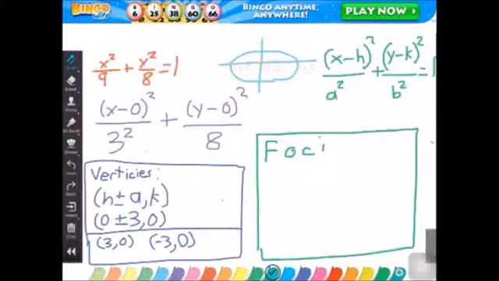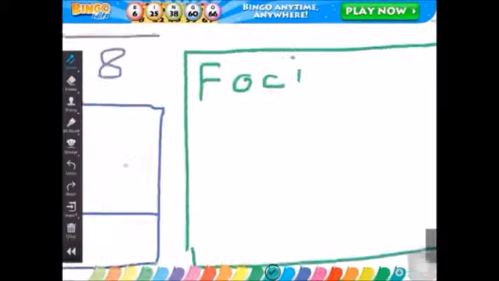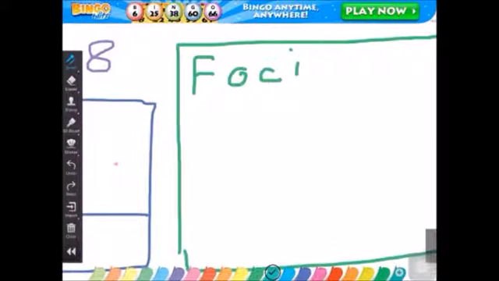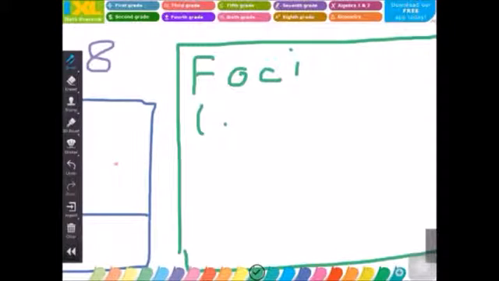And so, to find the foci, it's a lot like the vertices, sorry, I keep getting the two words confused, where we have h plus or minus c for the x value and k for the y value.